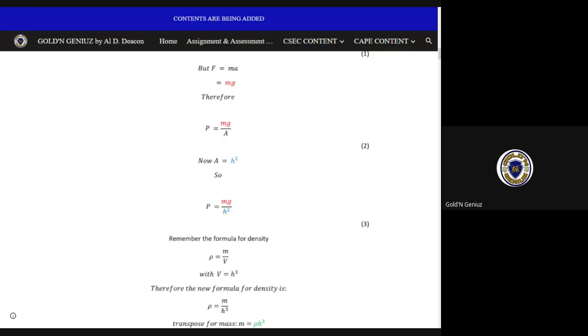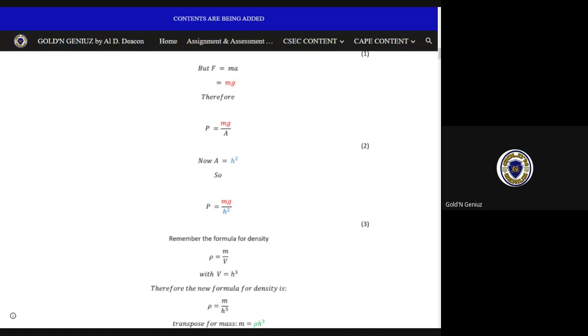So if I'm given something and I get the mass and I get its height, I can find the area. As long as I can find the area, because it's a regular shape, I can now find the pressure.